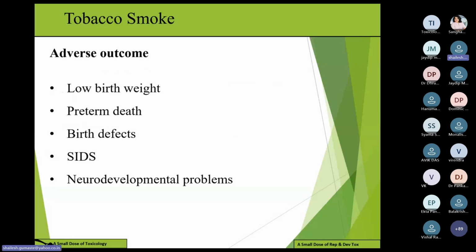Preterm birth, that is, smoking during pregnancy increases the risk of preterm birth, which can lead to respiratory and other health issues. Birth defects, we can say that tobacco smoke exposure can be linked to an increased risk of birth defects such as cleft palate and heart defects.